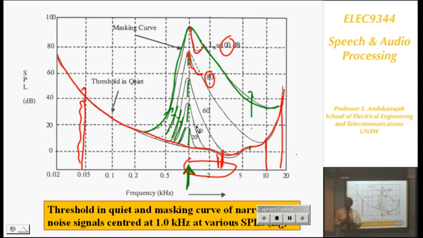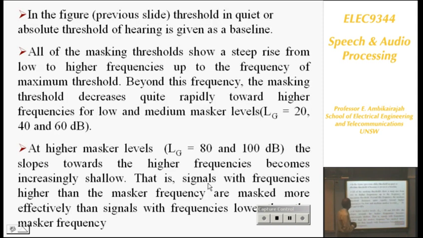And that's the way the ear sets up this masking threshold. Exactly what I've said is being explained here. You can read through this yourself, and you'll find at 80 to 70 dB some sort of nonlinearity happening.